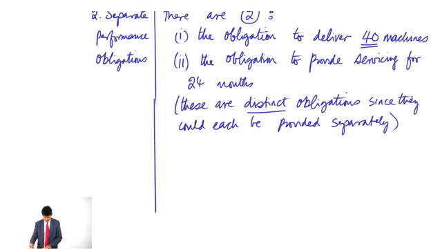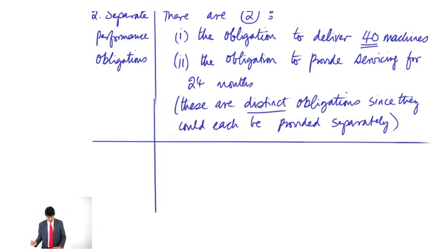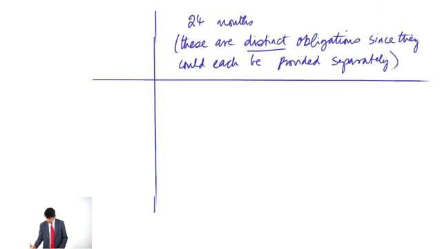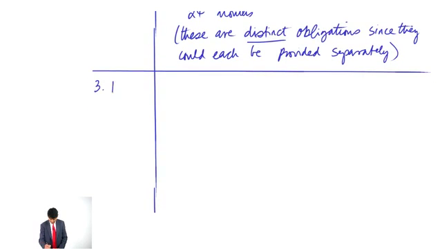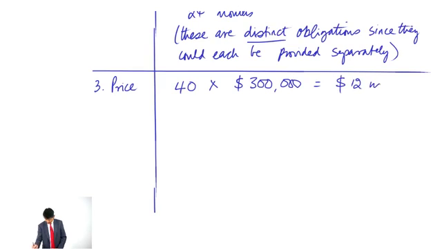All right, so that's good. That's your second of the COPA steps. We now come to the price, and only now, number 3, price. 40 machines multiplied by, we were saying, 300,000 gives us, of course, 12 million. Now that's very straightforward indeed.